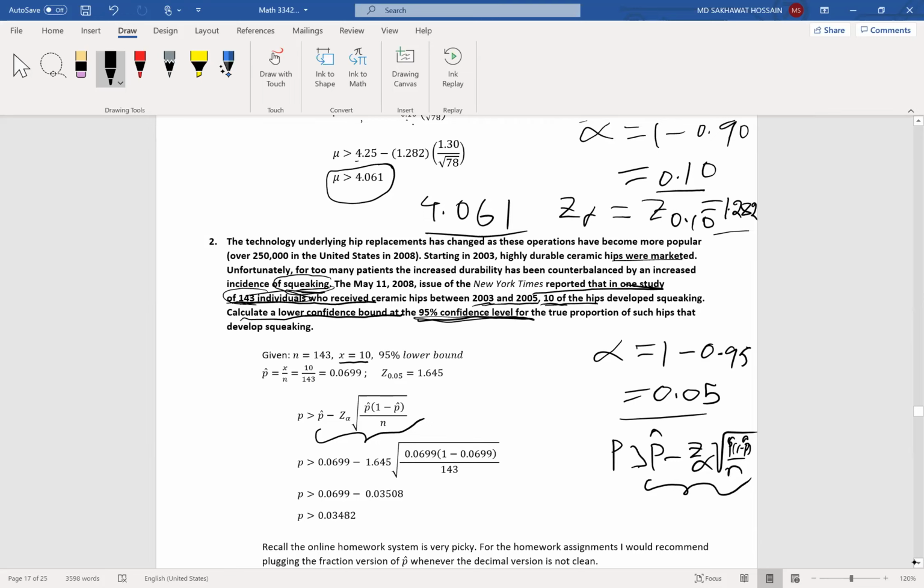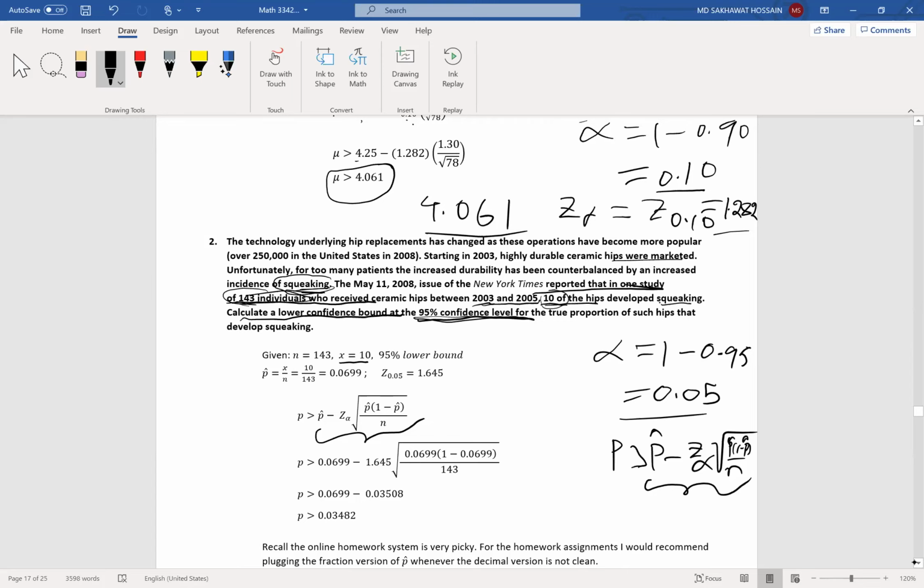If a hip replacement has developed squeaking, that will be considered a success. So the sample size n is 143, and 10 of them developed squeaking, so the number of successes is 10.